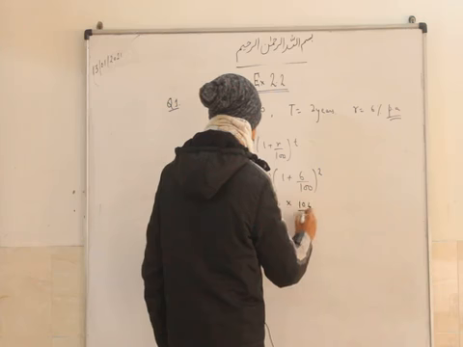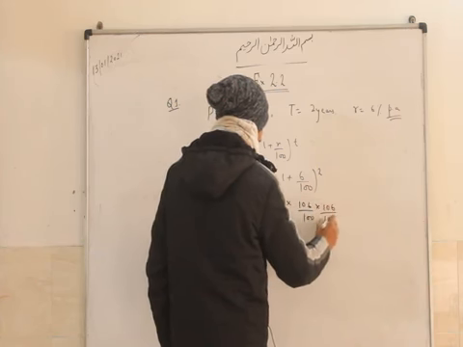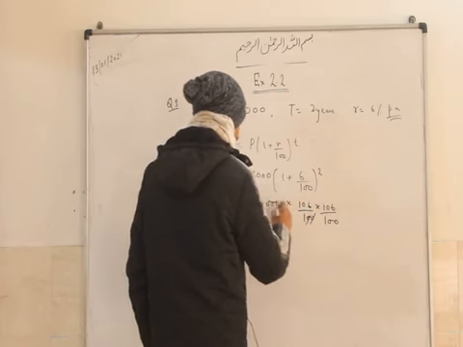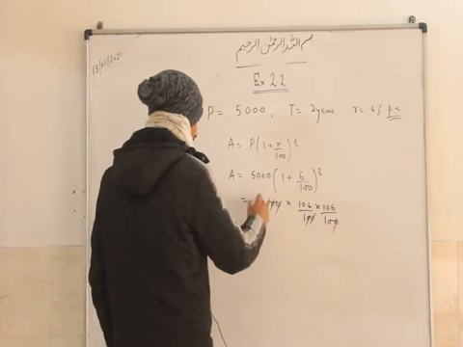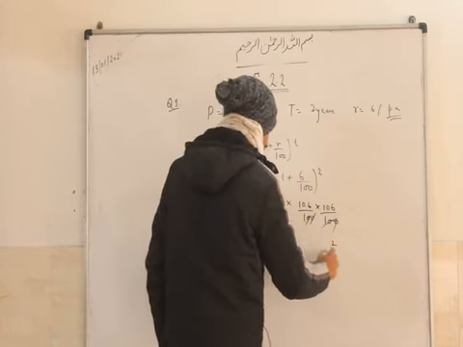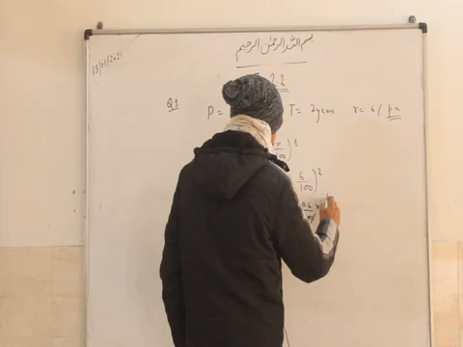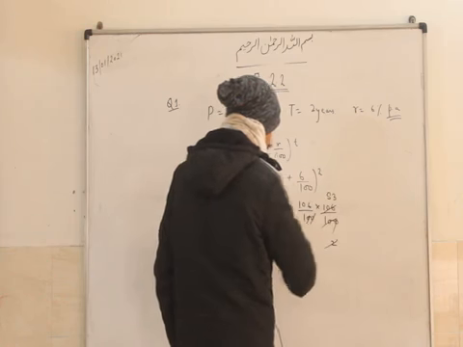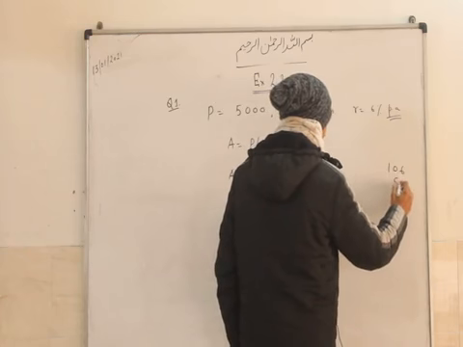So 106 by 100, it will come 2 times because the power is 2. These 2 zeros will cancel out, and one more zero will cancel out. 5 1s are 5, 5 2s are 10, and now we can solve this. 2 5s are 10 and 2 3s are 6, so 106 and 53. We have to multiply this.